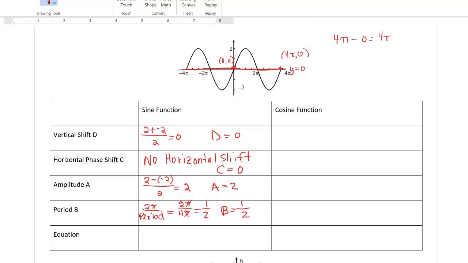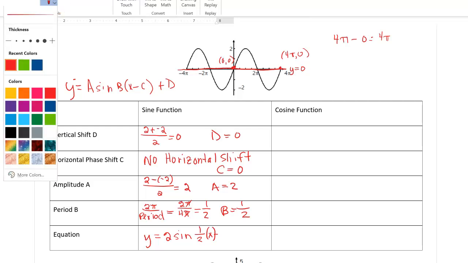Remember, our fundamental equation is y equals A sine of B times (x minus C) plus D. So our function is y equals 2 sine of 1/2 times x minus 0, so it's just 1/2 x, plus 0. So y equals 2 sine 1/2 x.